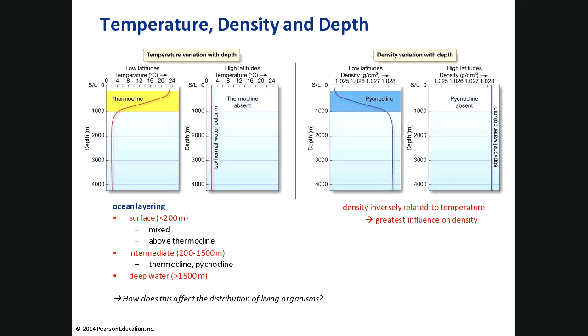Pycnocline. All right, pycnocline. Pycnocline is density. I guess that is spelled right. Every time I look at that word, I'm always thinking there's a C in the wrong place. That's an oddly spelled word.